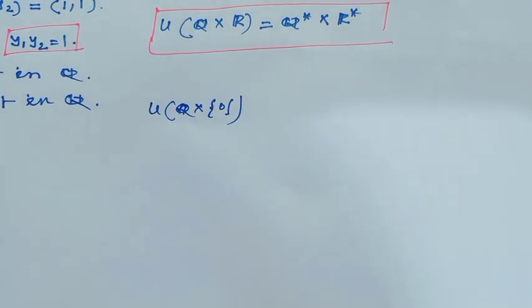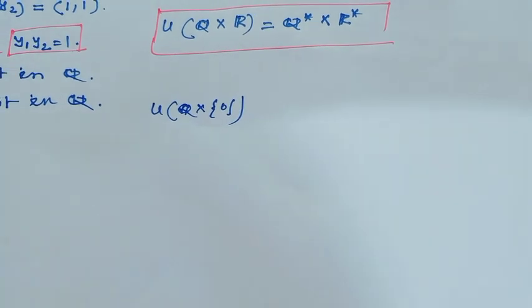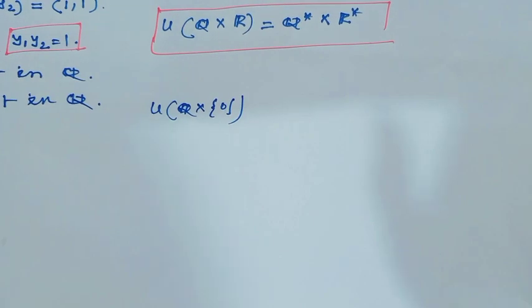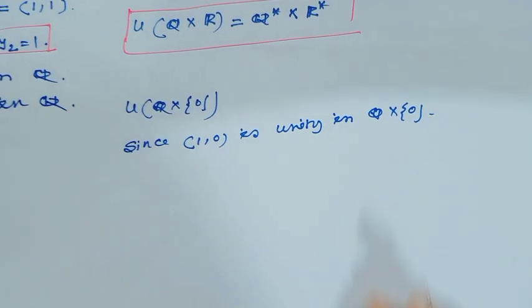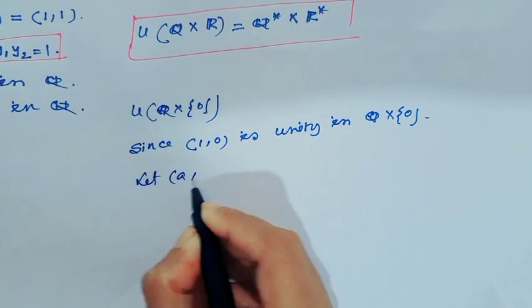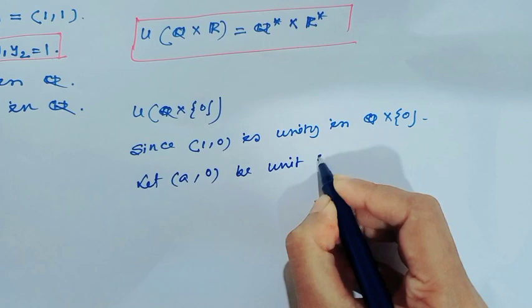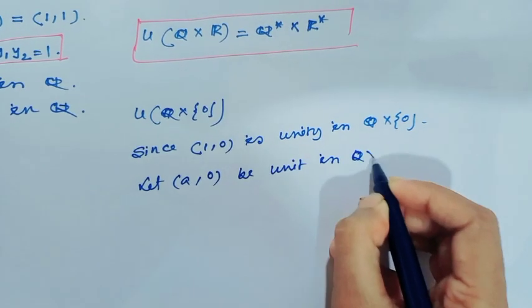Next, if we want to find the unit elements of Q cross the singleton set 0, then similarly, (1, 0) is the unity in this set. Consider (A, 0) to be a unit in the set Q cross singleton set 0.